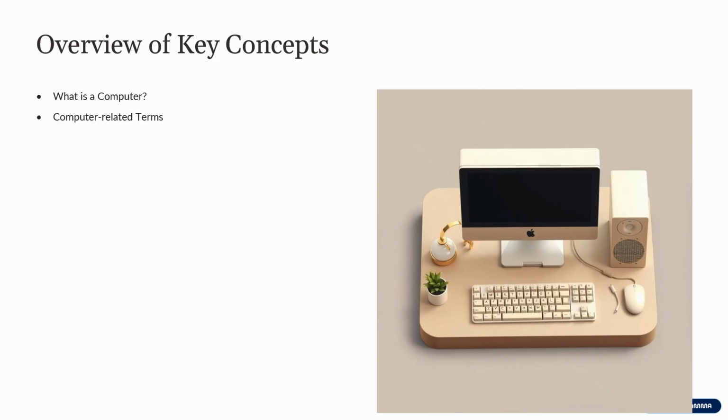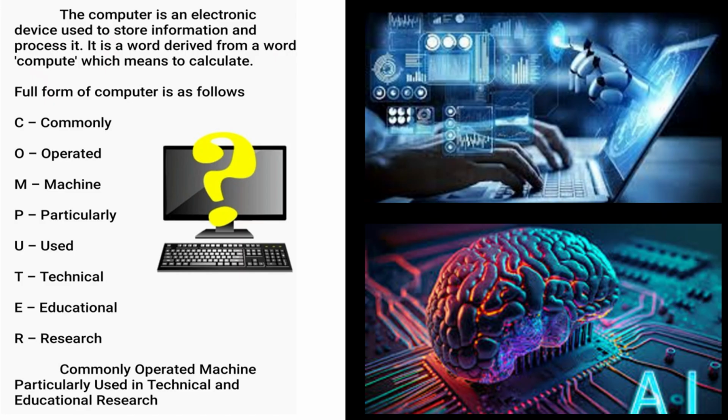What is a computer and computer related terms? The first thing is, what is a computer? A computer is an electronic device used to store information and process it. It is derived from the Latin word compute, which means calculation.